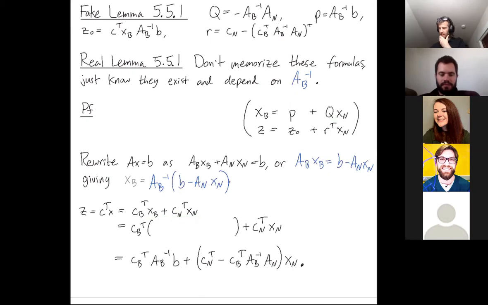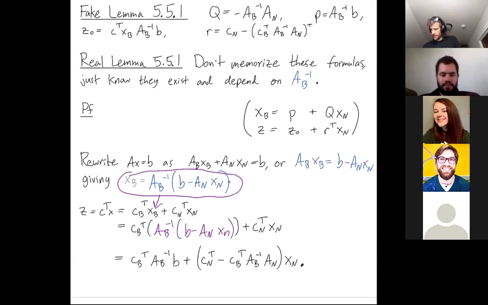Okay, so I think of this as the inner product of all variables in c and x is the inner product of the basic ones plus the non-basic ones. And now we're going to take x_B and plug it in right there. So this is just c_B transpose times A_B inverse times (b minus A_N x_N).